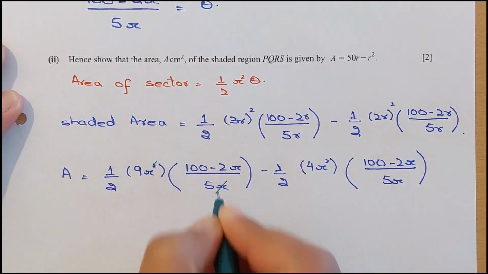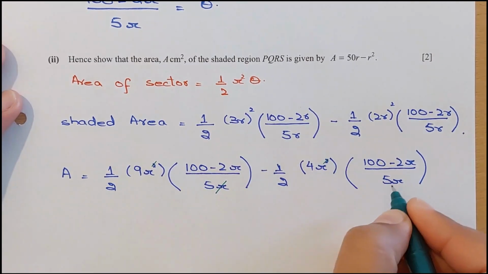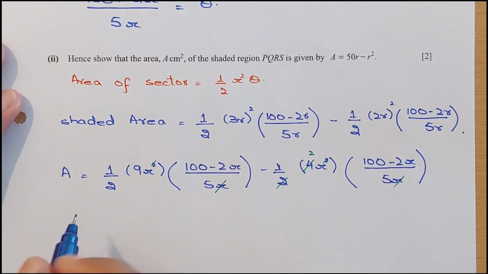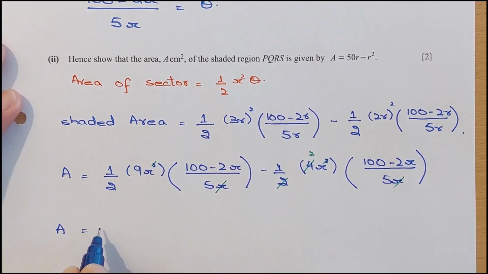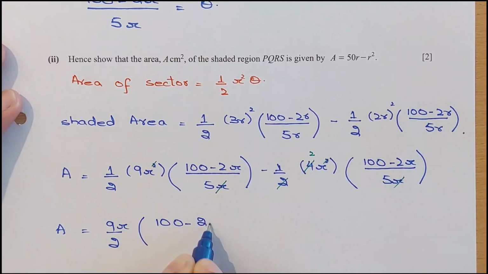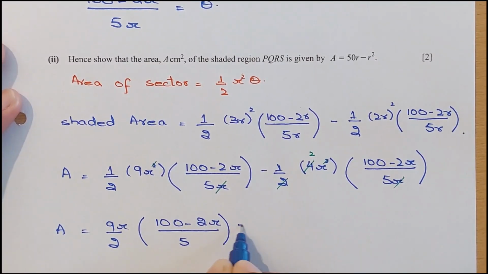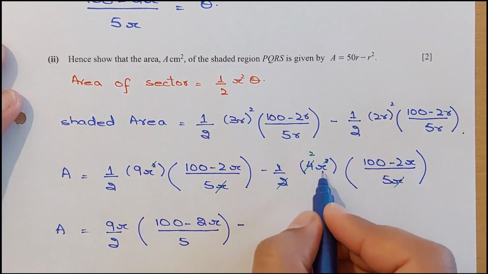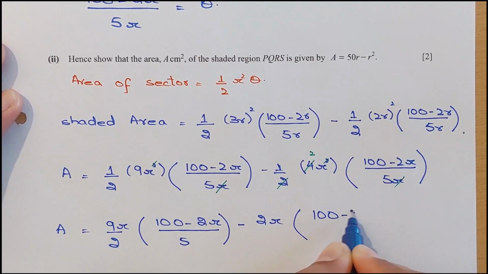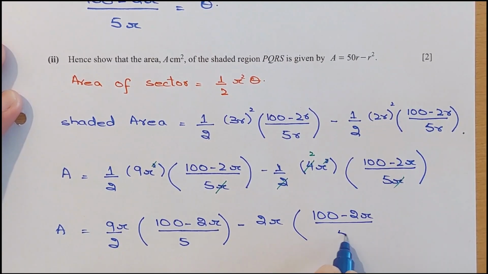This r and r cancel, 2 times 2 is 4. So what is left? The area equals 9r by 2, and in the bracket we have (100 minus 2r) divided by 5, minus 2r, and (200 minus 2r) divided by 5.